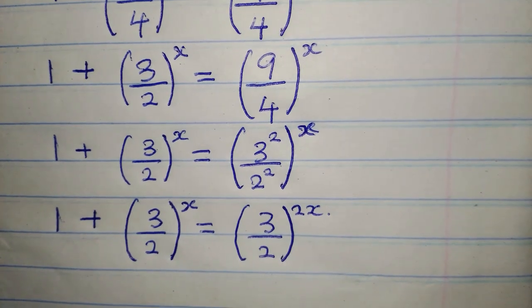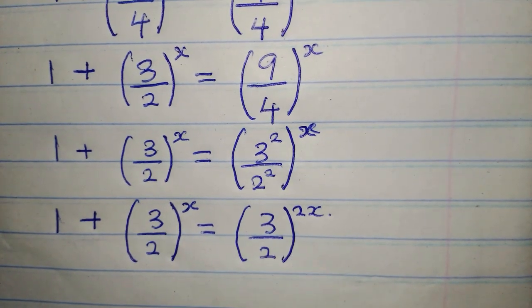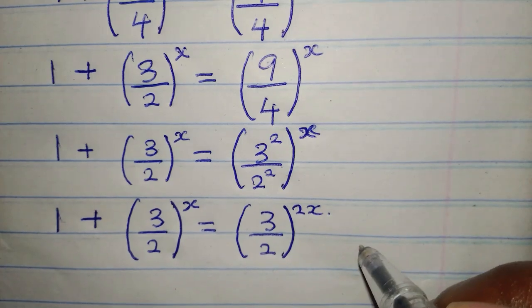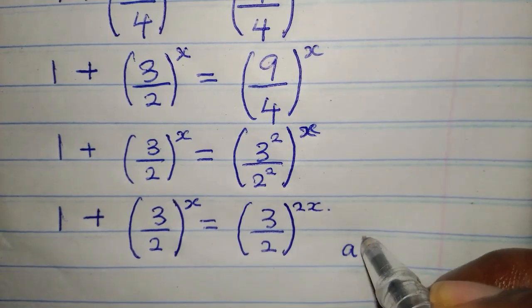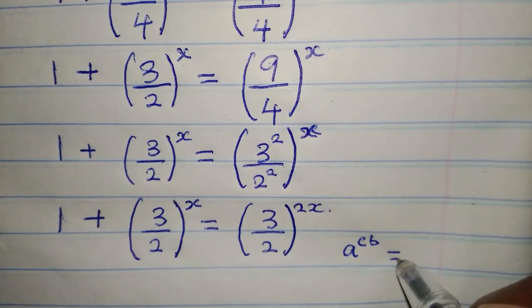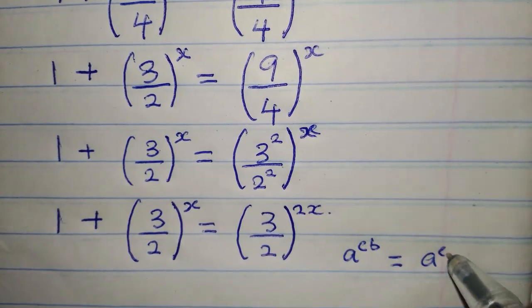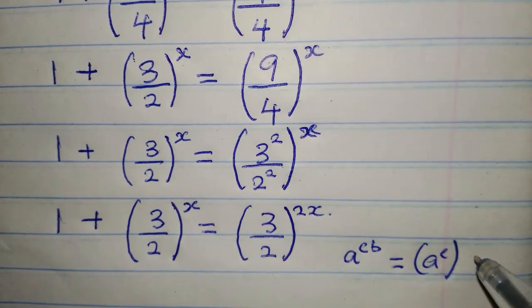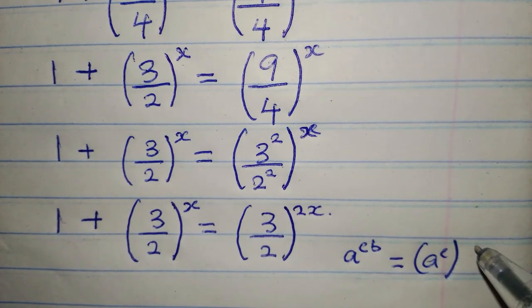If we are to do this, we can apply a rule here which is, if we have a to the power of c to the power of d, it's also equal to a to the power of c times d.